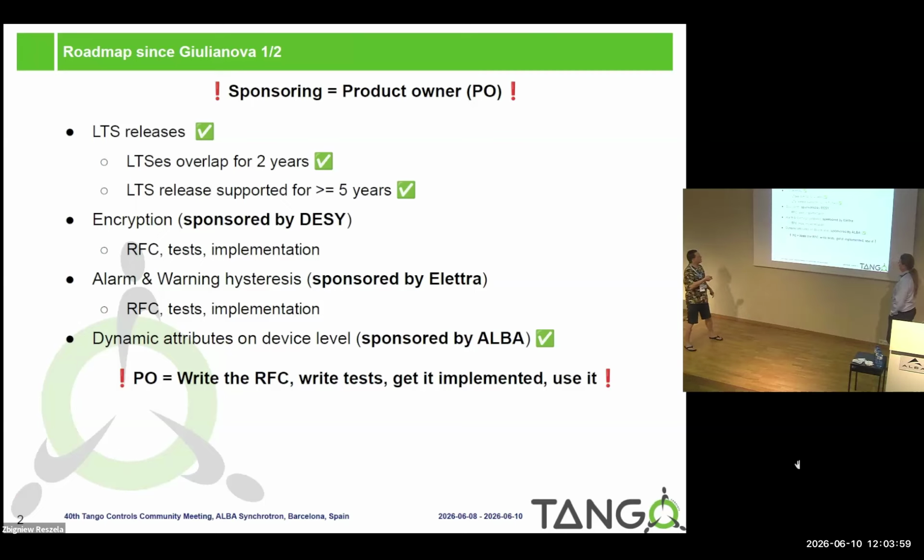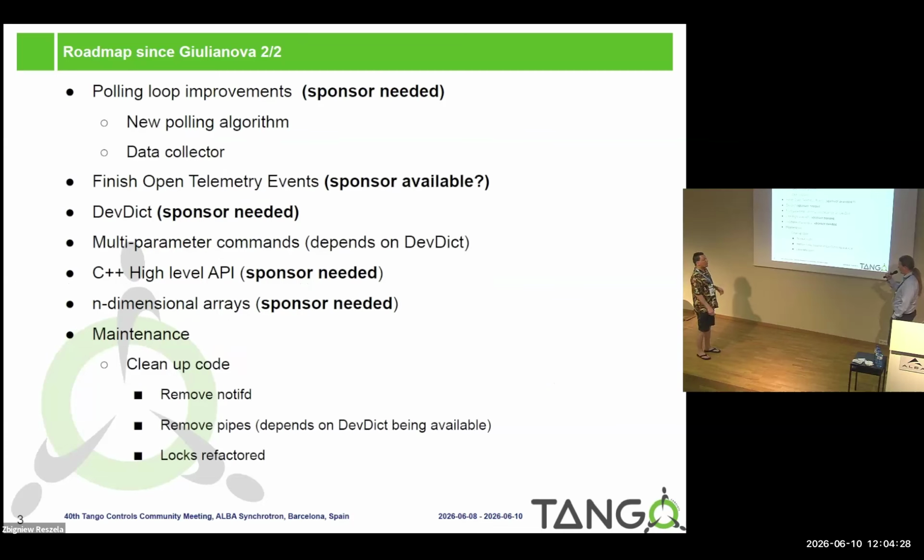This is what Byte Physics implemented for us, sponsored by Alba, because there was a direct need, and that is exactly how we want it to be. Preparing an RFC change, writing the tests, implementing it, using it, Bob's your uncle, and everybody benefits from it. That's our collaboration. It's still progressing though.